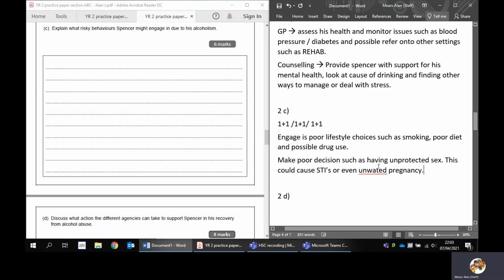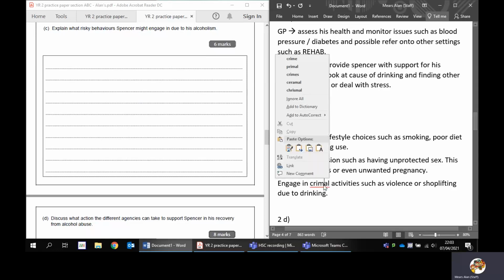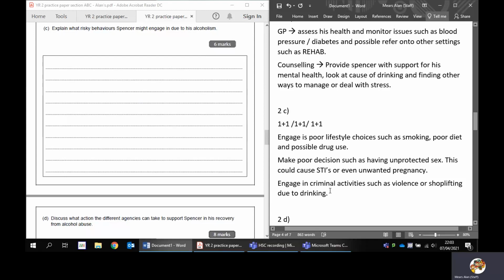Again, another possible risky behaviour. Spencer could engage in criminal activities such as violence or shoplifting due to drinking. So again, nice and easy, criminal.